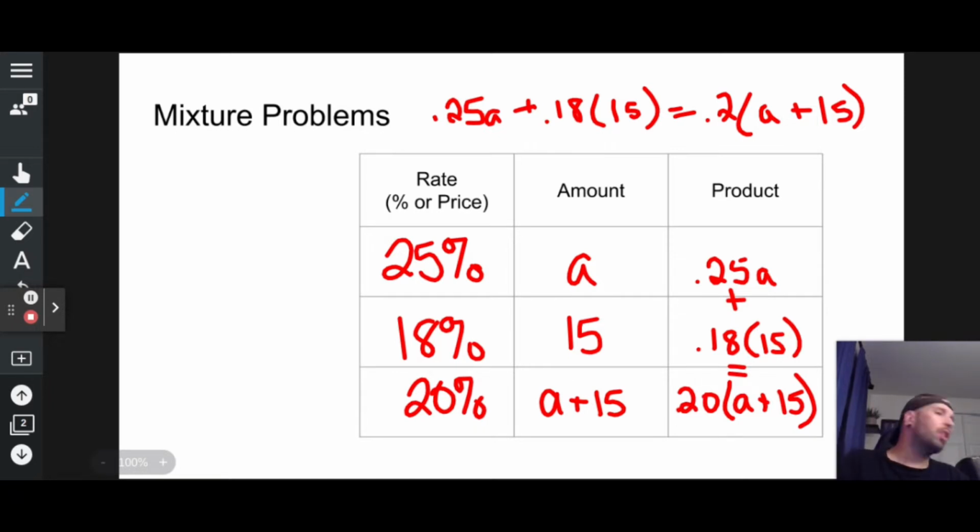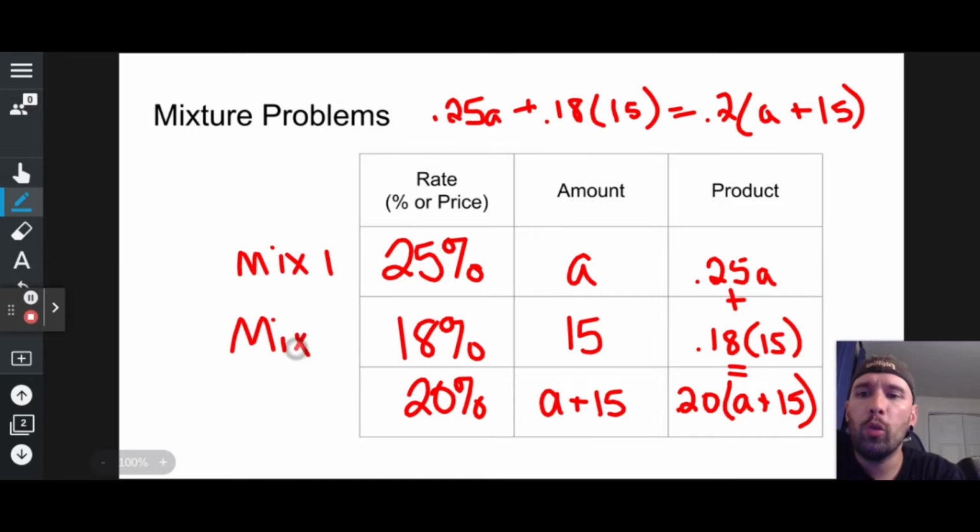But basically the general idea is, if we have group number 1 and group number 2, we write out our rate right here. We write out how much we're given, whether we know it or not, and then we multiply those two to get this column. For mix number 2, we write out the rate, whether it's percent or price, we write out the amount, and we multiply those together.